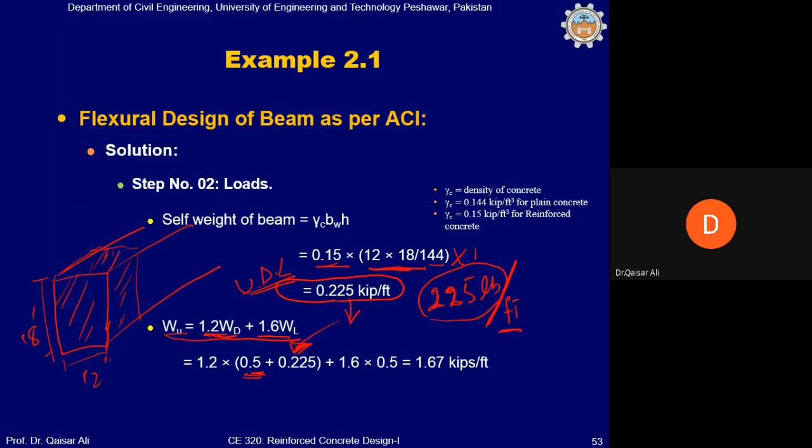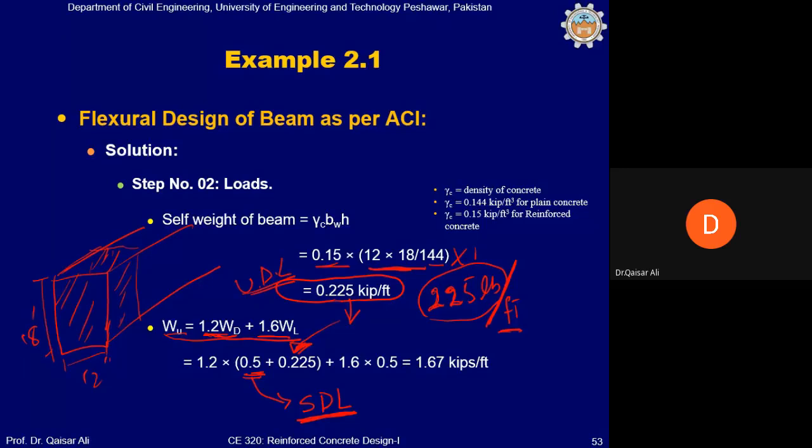From where does this 0.5 kip per foot weight come? This you will learn, but this may be some kind of flooring because this will be fixed weight. This weight, we call a superimposed dead load, SDL.